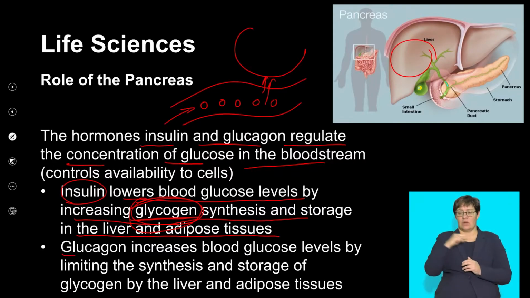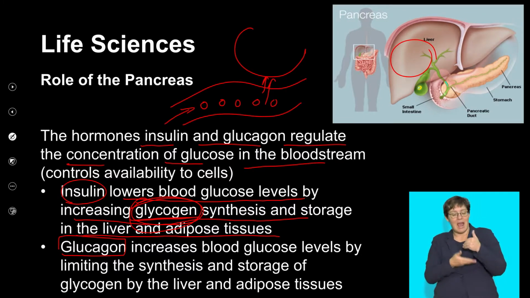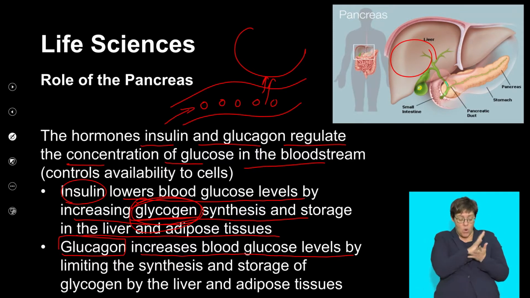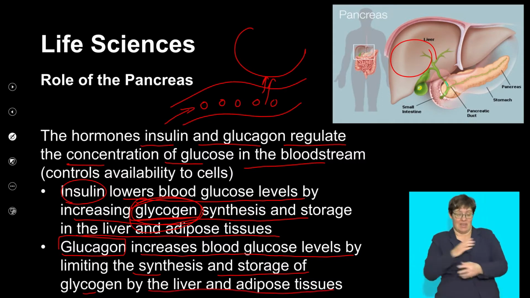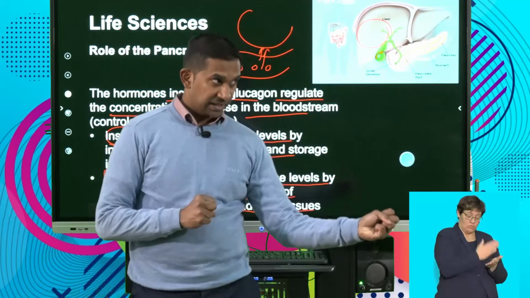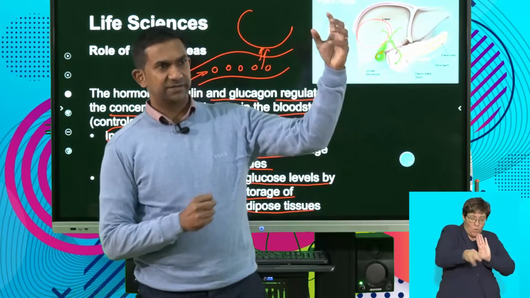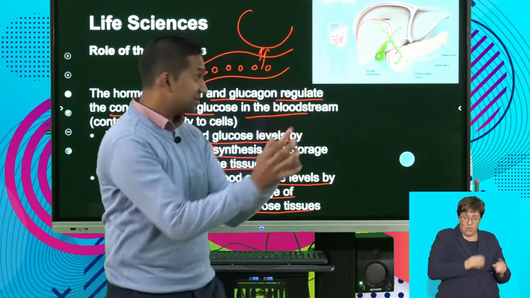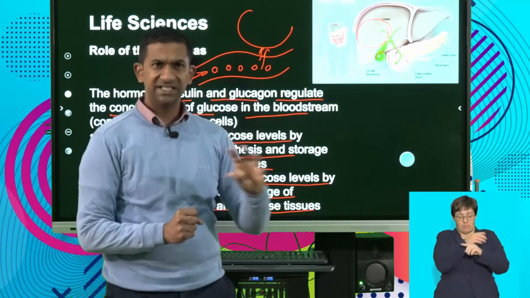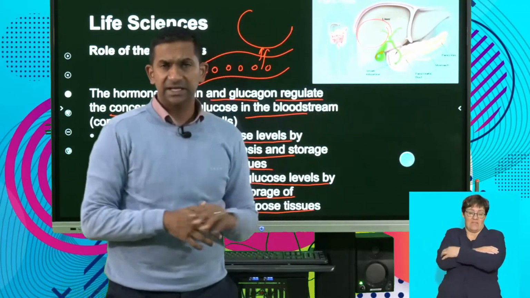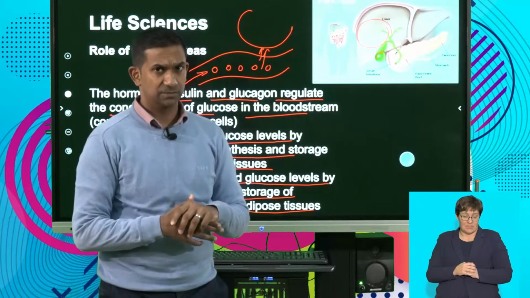So glucagon, as I mentioned, I've pointed that out to you, does the opposite of what insulin does. So glucagon helps to increase the blood sugar levels, limiting the synthesis and storage of glycogen by the liver and the adipose tissue. So we've got insulin that helps to decrease the blood sugar levels by absorbing that glucose into the cells and converting and storing that in the liver and in the fat and the adipose tissue.